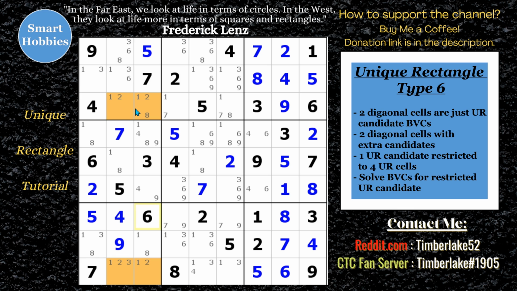Okay, so limited cells. What's nice about this is you can do 2 solves right away. Because the 2s are limited here, they actually have to be the solution to these 2 cells. So you see this pattern, you can solve that for 2 and solve that for 2. And you're like, oh, why is that, Timberlake?